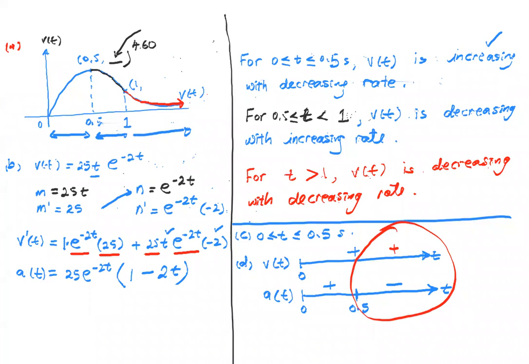So therefore, conclusion: speed is decreasing when t is greater than 0.5 second. Agree?